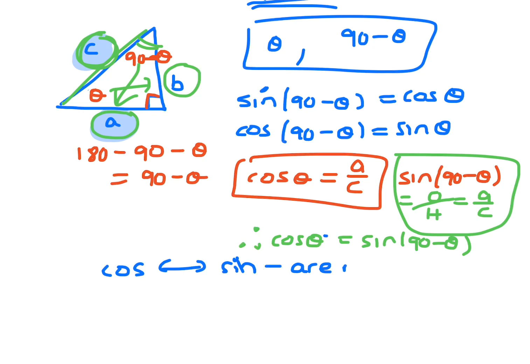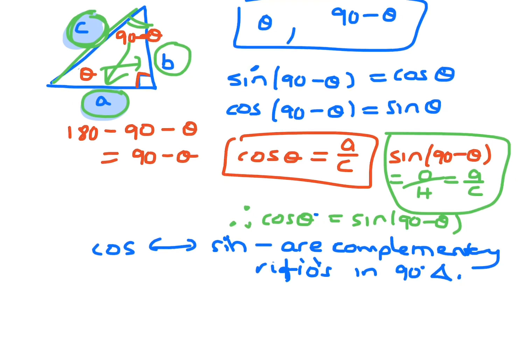So they are complementary ratios in a right angle triangle, this being a 90-degree triangle.